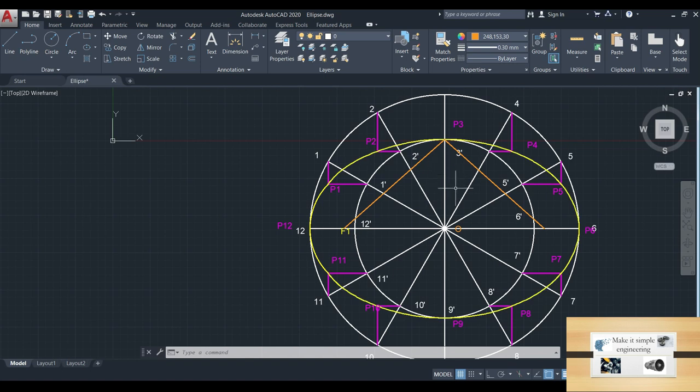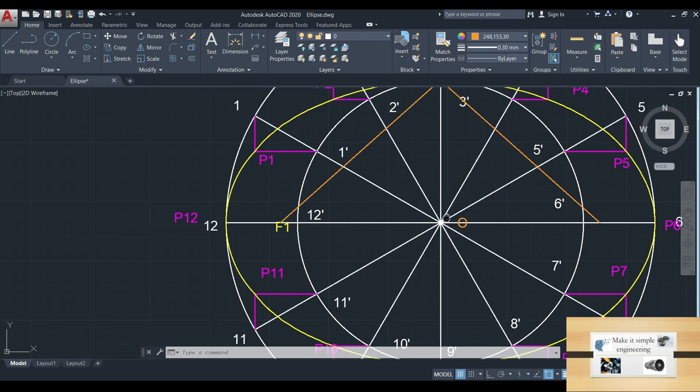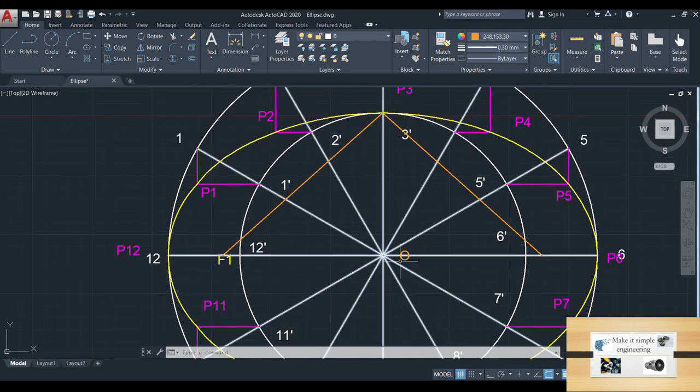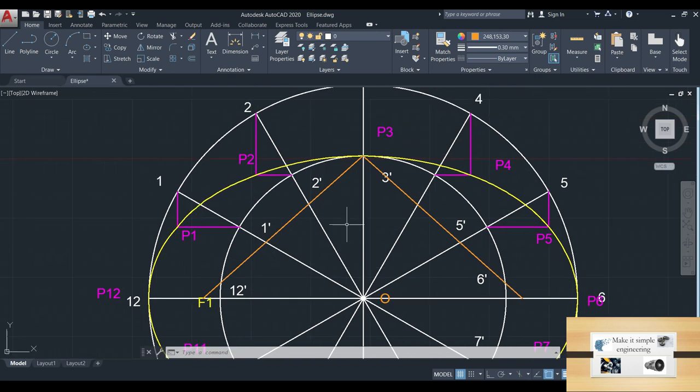Okay, so if you want to mark the focus point on the ellipse, then you have to use the relationship like the half major axis, that is O12 or OP12. So that will be equal to the distance P3 F1. So the half major axis distance will be equal to the distance from the point P3 to the focus.